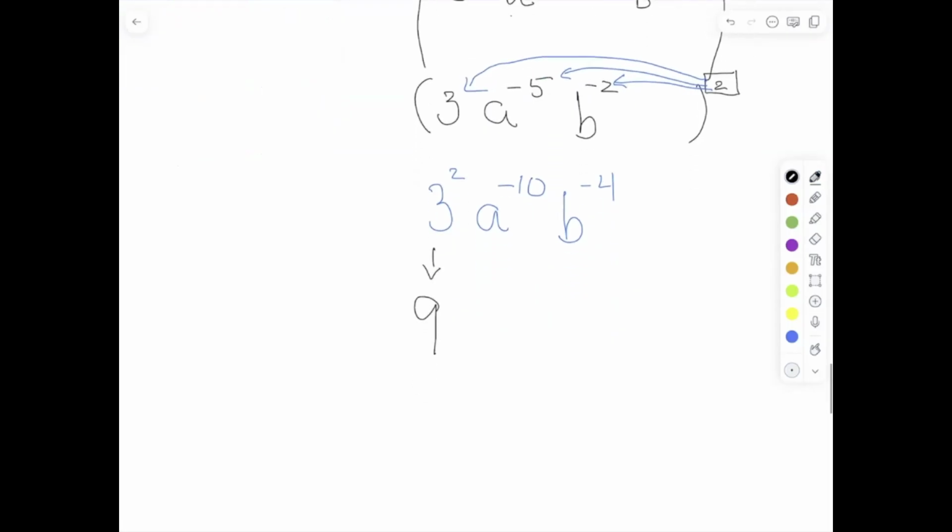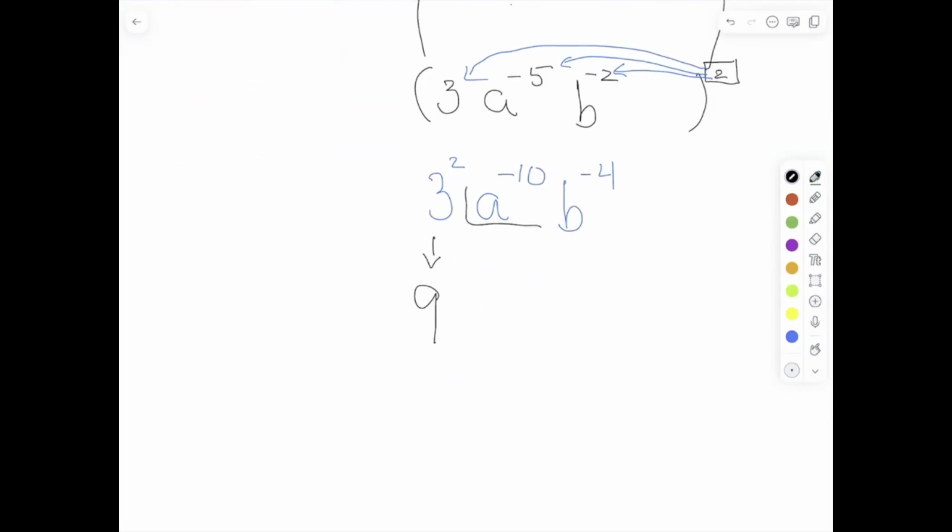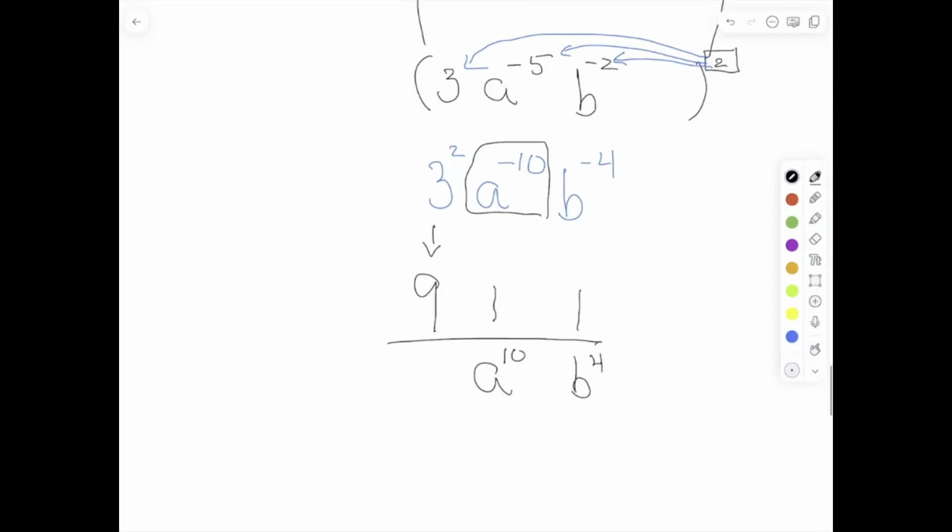And this is going to get the reciprocal, which is 1 over A to the 10. Good. This is going to be 1 over B to the 4th. And remember, this is multiplication, correct? So in the numerator, what am I going to get? 9 over A to the 10th, B to the 4th.